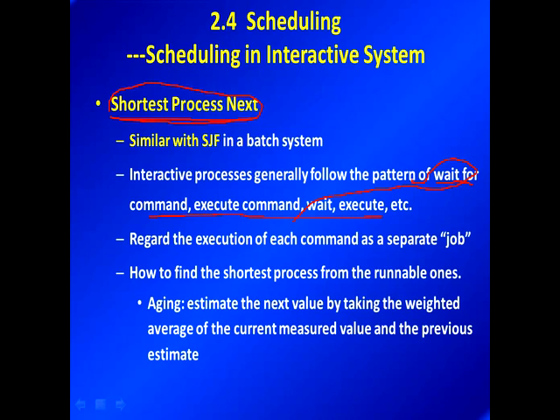So when we choose this algorithm, if there are a lot of processes on the waiting queue, we need to choose the process which needs the shortest time to finish the execution of its next command.